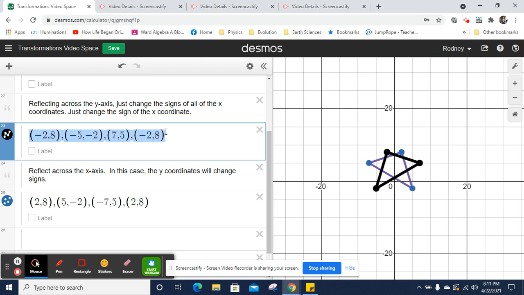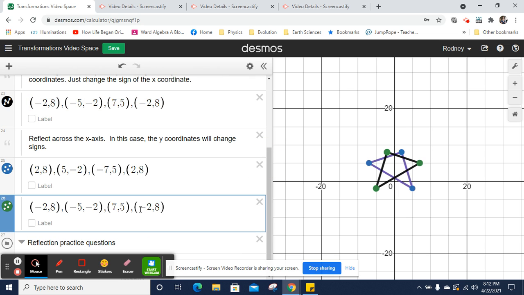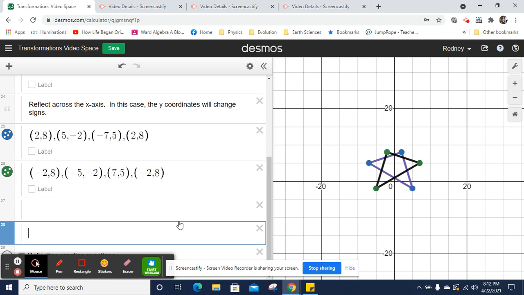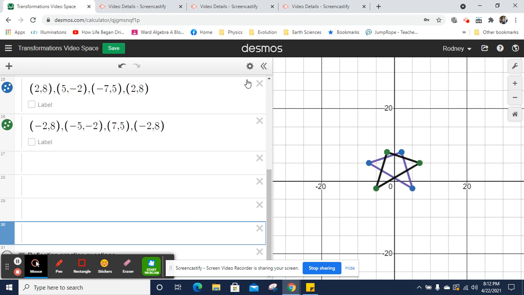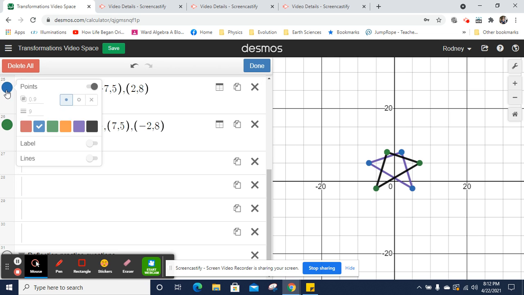I'm also going to grab my first image. I'll reflect that one as well. So I have to do a little moving around in order to make this work, but here we go.